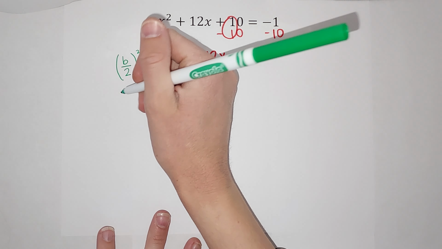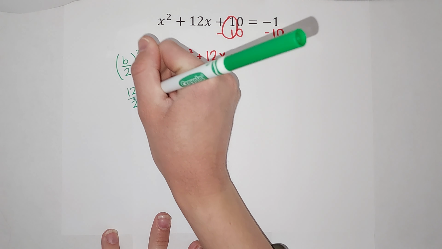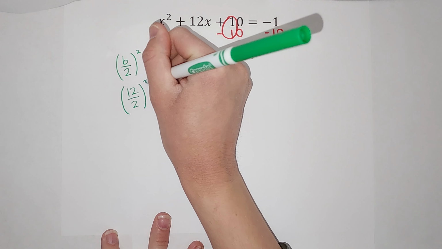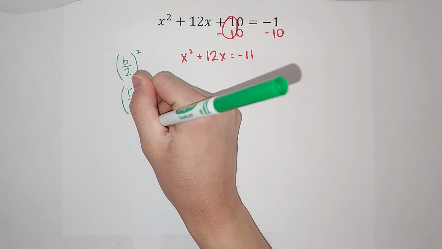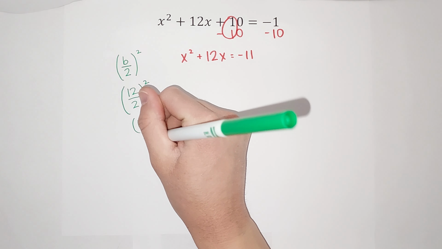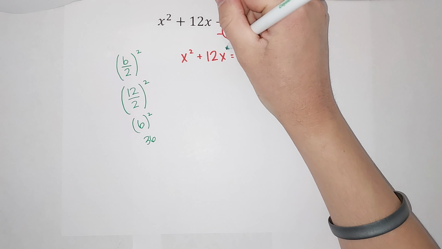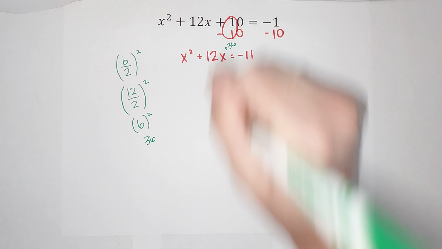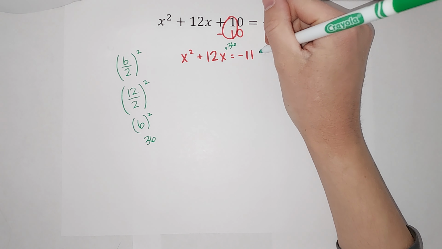So we're going to take 12, divide it by 2, and square it. 12 divided by 2 gives me 6. We're still squaring that. 6 squared gives me 36. So I'm going to add 36 here. Oh, look, it's Christmas colors. Cute. But just like up here, if I add to this side, I got to also add it to this side.